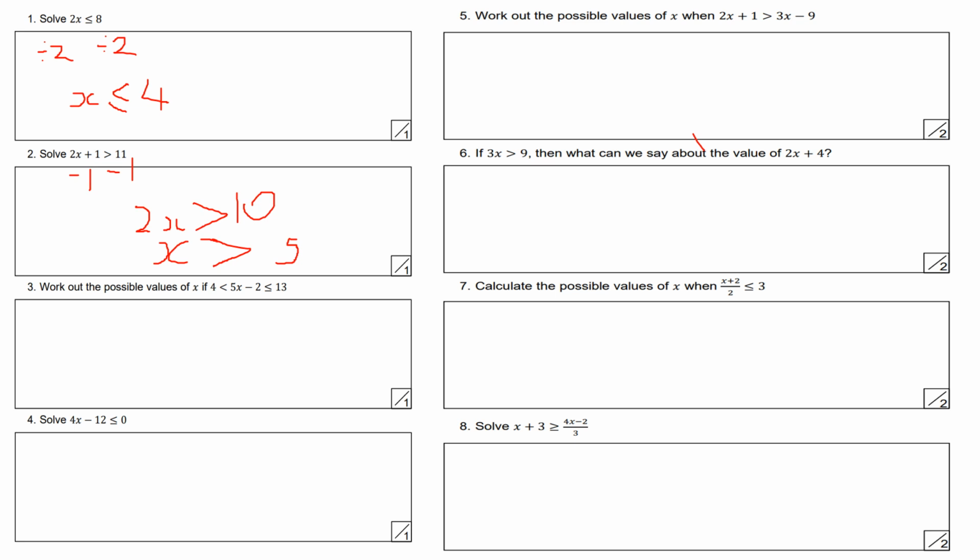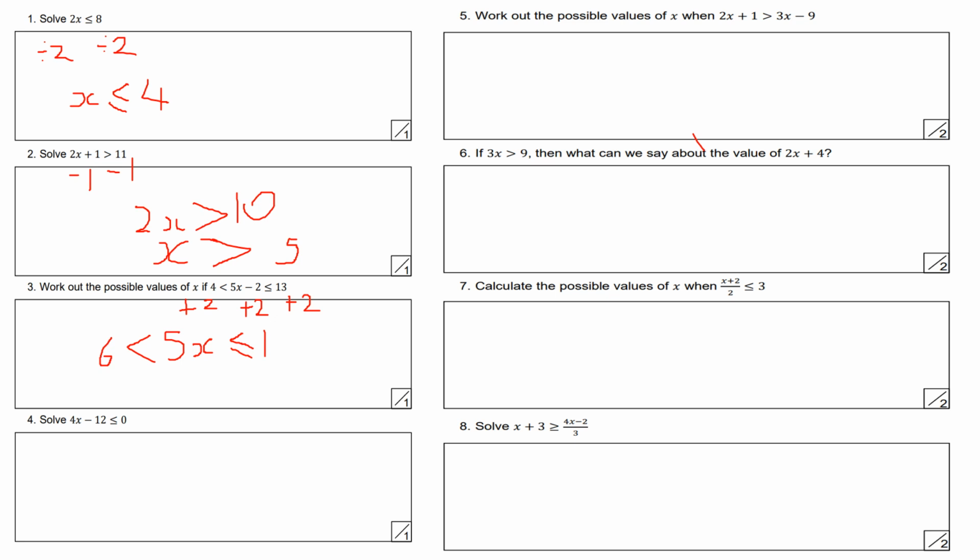Question number 3, I've got a double inequality here, so taking my time. I'm going to add 2 to all 3 sides of my inequality, guys. 4 plus 2 is 6, is less than 5x, which is less than or equal to 15.